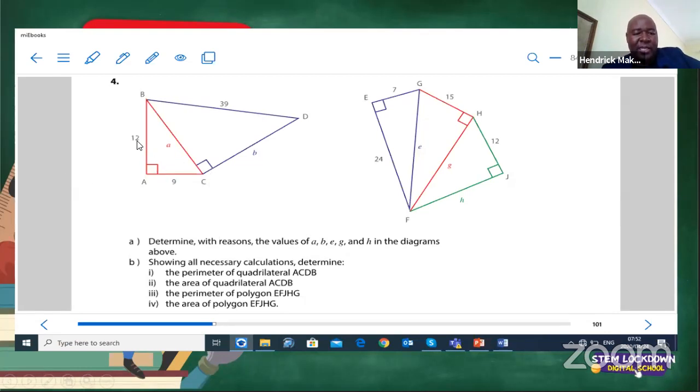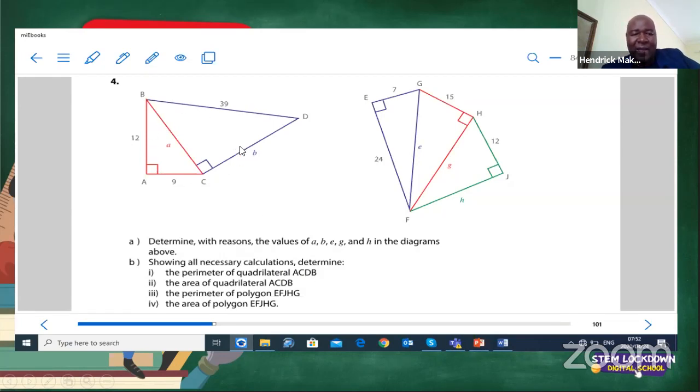Like in this case, in triangle ABC, you are given the side AB and AC, but you are not given the side BC, which is a small letter A there, which is our hypotenuse side. Now, I want us to determine these values, but thereafter, we need to show all the necessary calculations in determining the perimeter of quadrilateral ACDB.